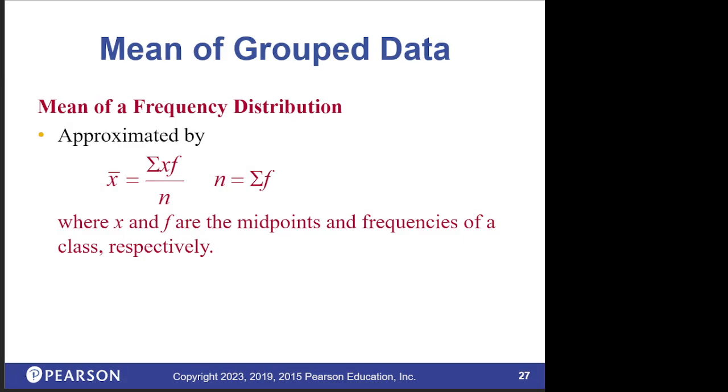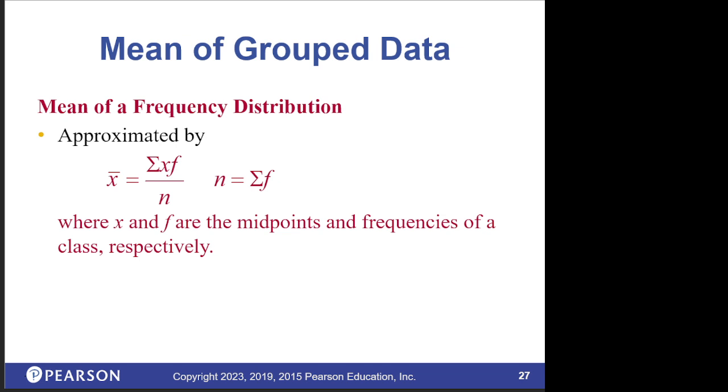Another thing we can do is find the average of a frequency distribution. Remember when we did the frequency distributions, I tried to emphasize, and I hope I did, that we lose information about the data when we put it into a frequency table. We only see the number of things within a class.